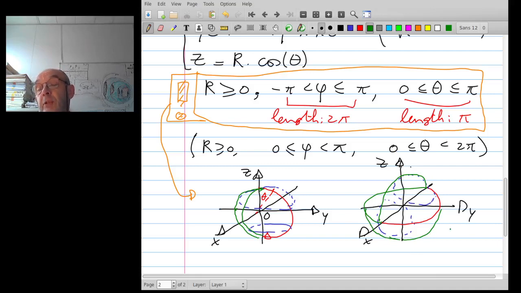So you can also look at it that way. But let us always do the orange one, let us do that most of the time.